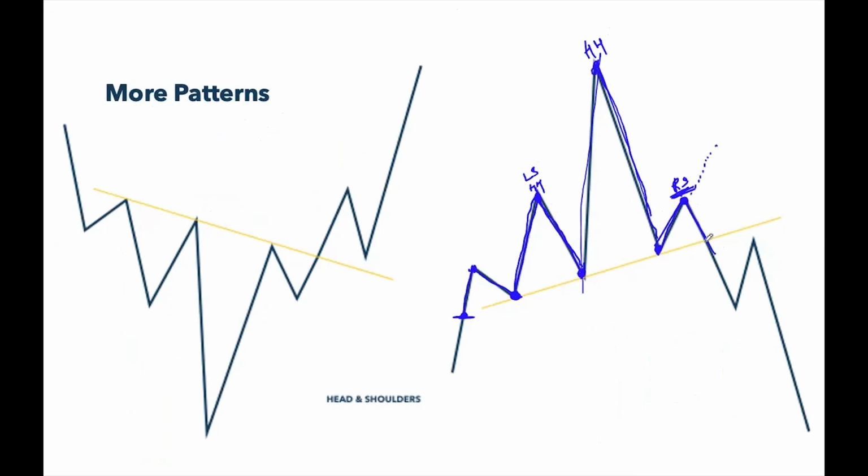Once it goes below the neckline, so this line is called the neckline, with relatively higher volumes, we can say that the stock is going to make a lower low and lower high, lower low and lower high. So this is the head and shoulders pattern. It is a bearish pattern, a very strong trend reversal pattern.